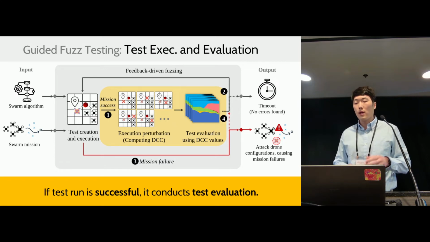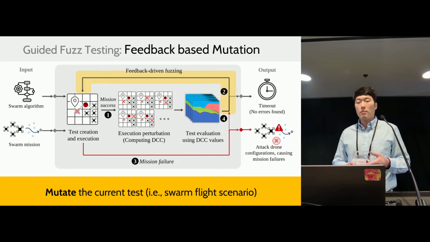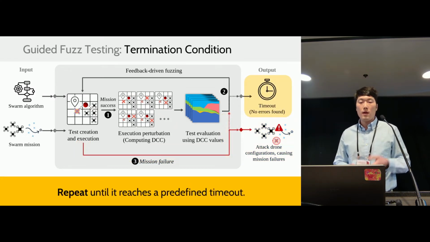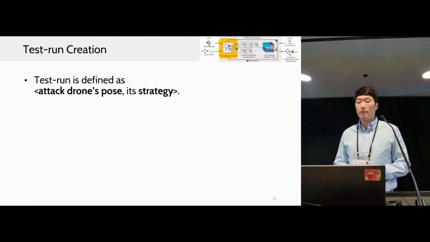This will be explained in greater detail in the upcoming slides. Based on the result of the test evaluation, SwarmFlawFinder mutates the current test and continues testing. If a test leads to a mission failure, the current test configuration is obtained as output. It repeats this process until it reaches a predefined timeout. Let's take a look at each step one by one.